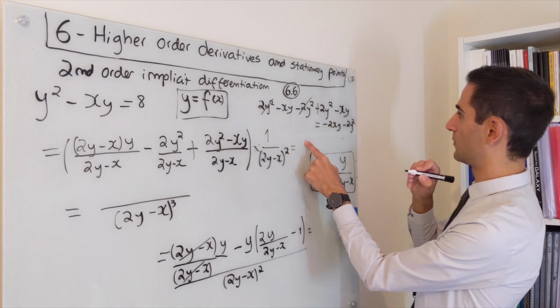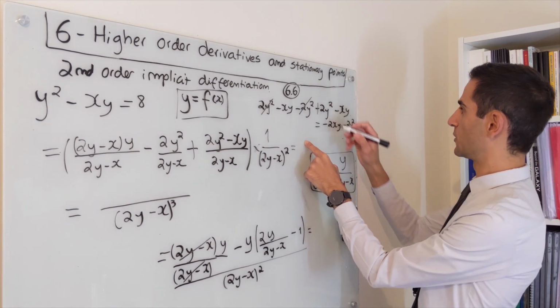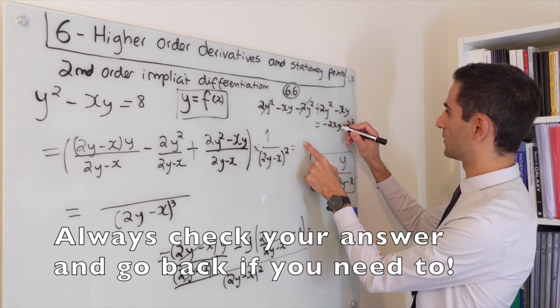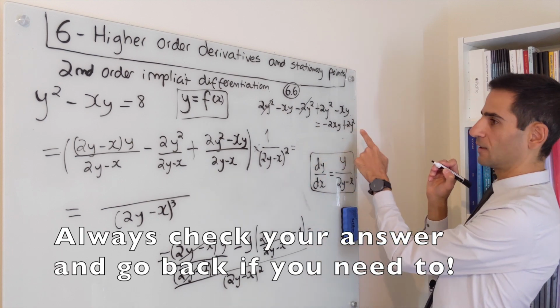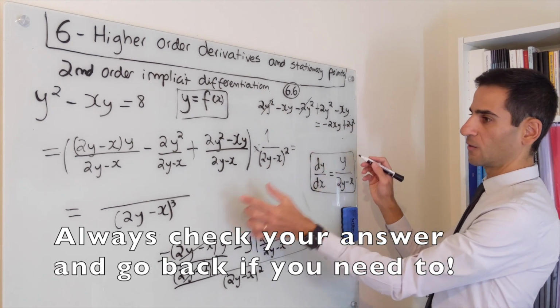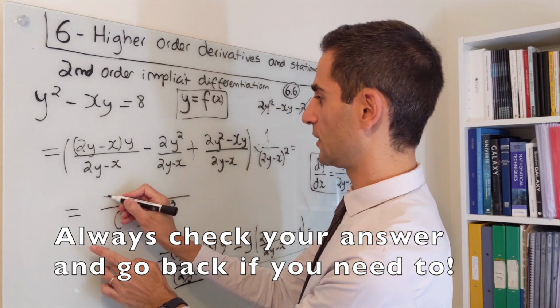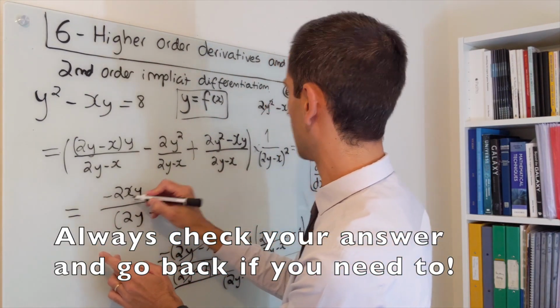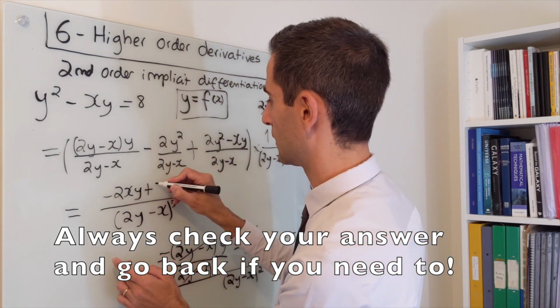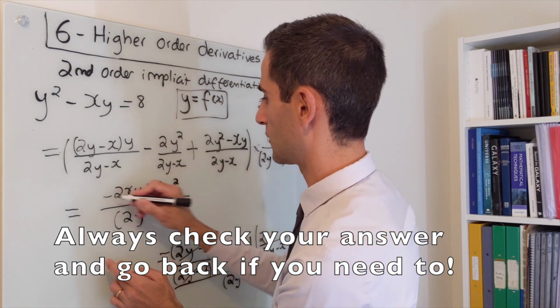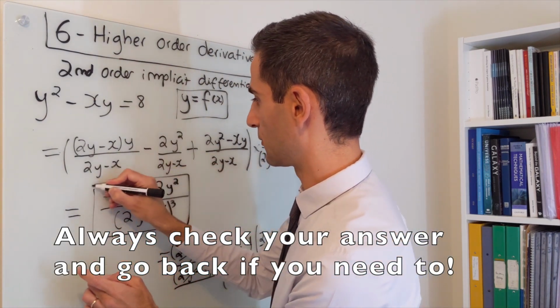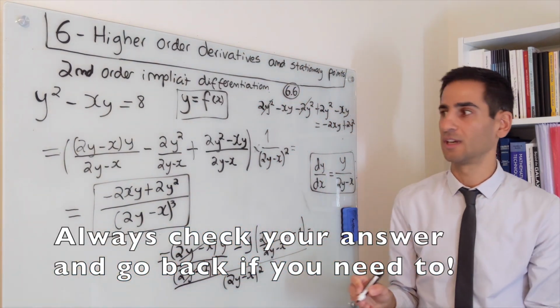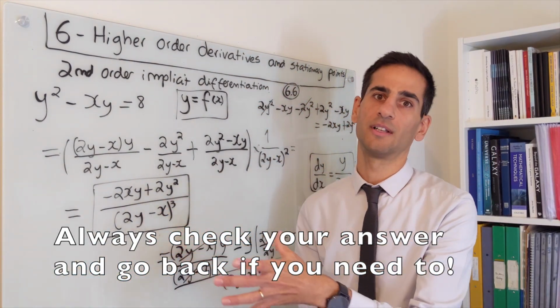We actually have a plus here, which means this is minus 2xy plus 2y squared, which will be hopefully our final result. And for second order implicit differentiation, this would be your final answer.